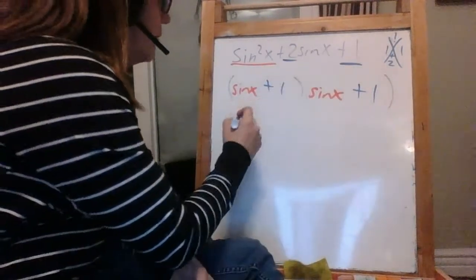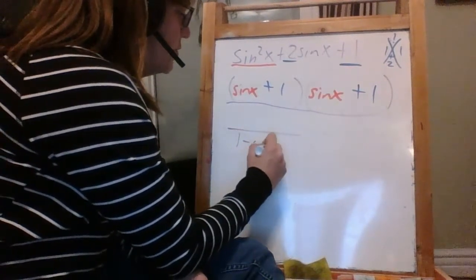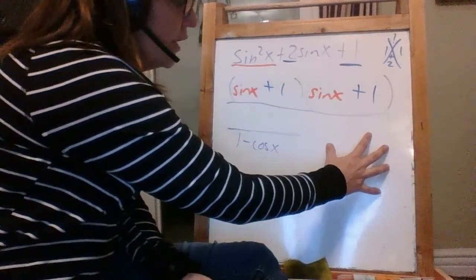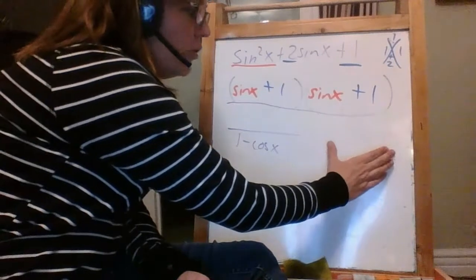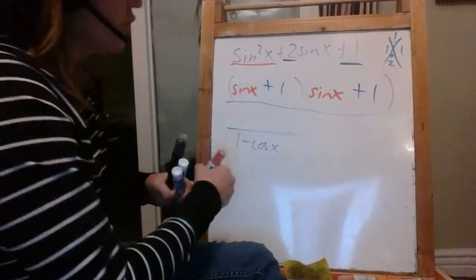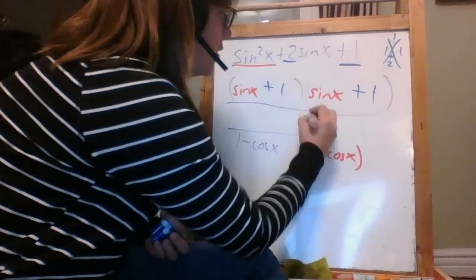So if we have something like 1 minus cosine x in the denominator, and this is especially true if we do not have more than one term in the denominator, one common strategy is to multiply by 1 plus cosine x, top and bottom.